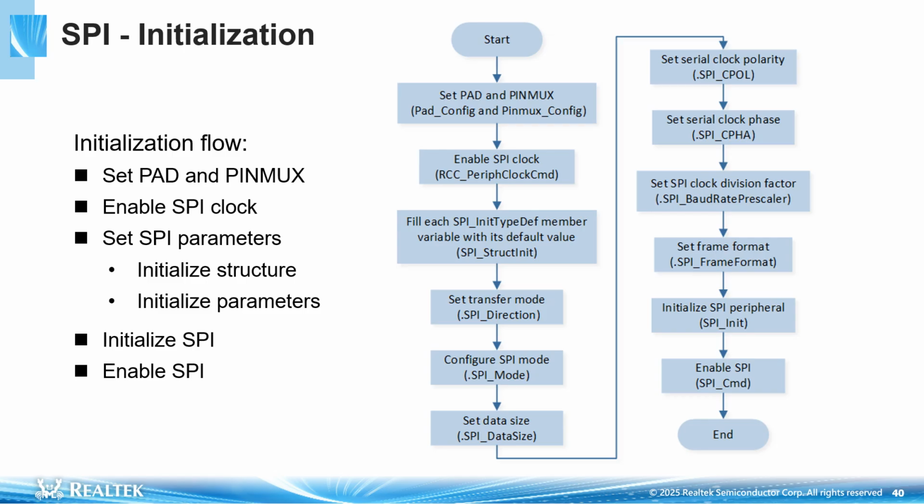The sixth step is to set the clock polarity of SPI. The seventh step is to set the clock phase of SPI. Next, if SPI is set to master mode, set the speed of SPI. Then, select which serial protocol to use to transmit data. Then, initialize SPI according to the set parameters. Finally, enable SPI.